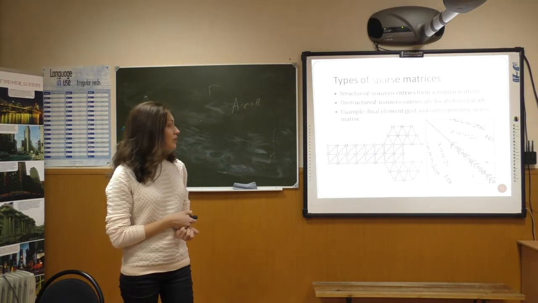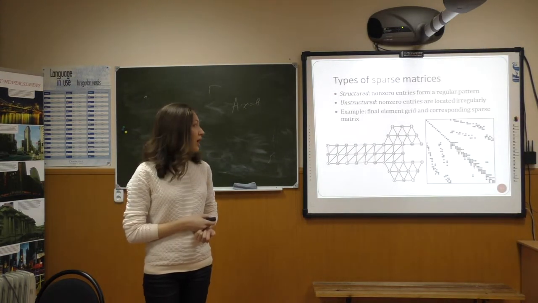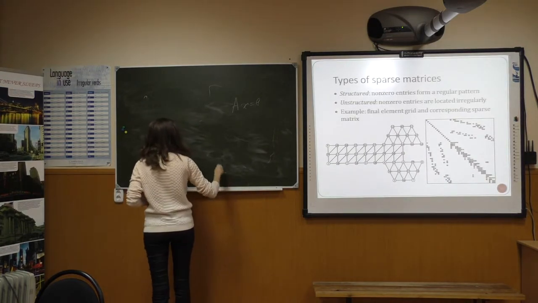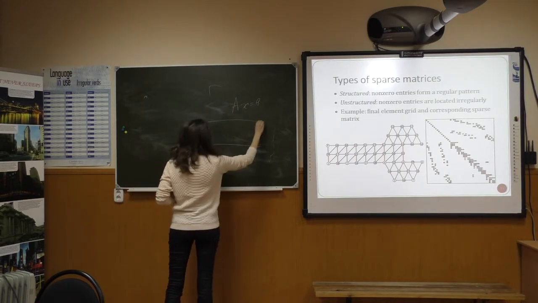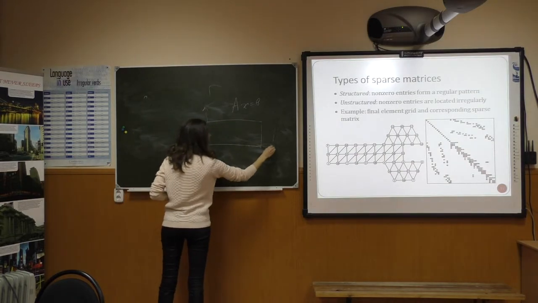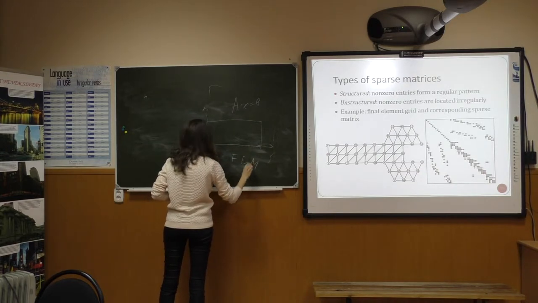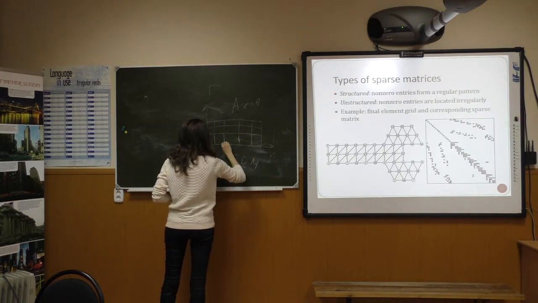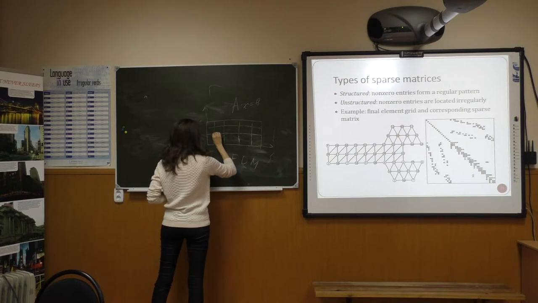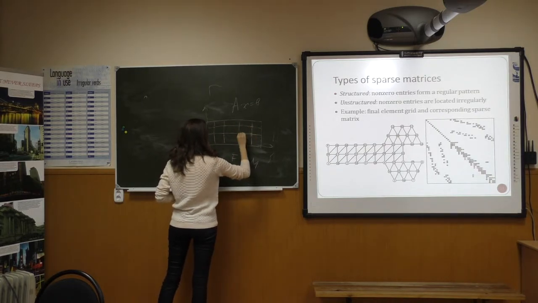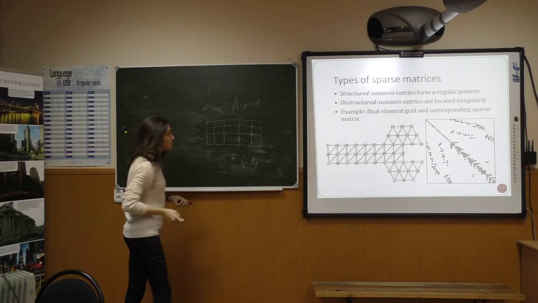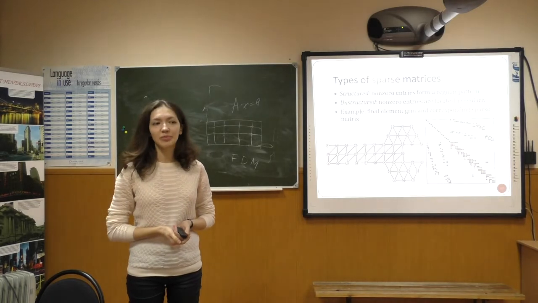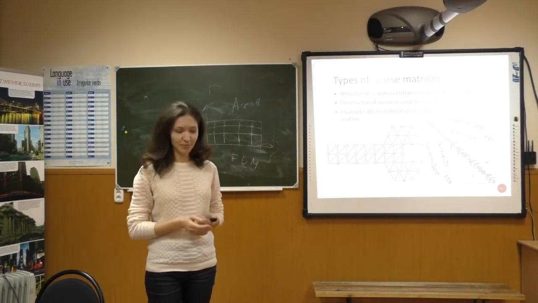And I also want to mention that if we consider a regular rectangular grid and the finite difference method, so discretization, then the matrices which arise from the finite difference method almost all have regular structures.